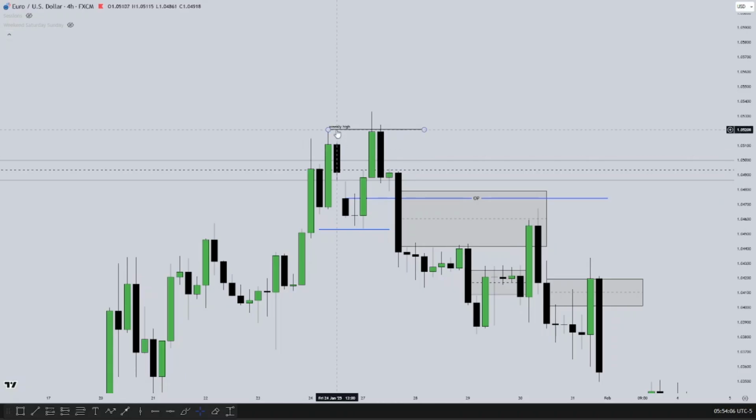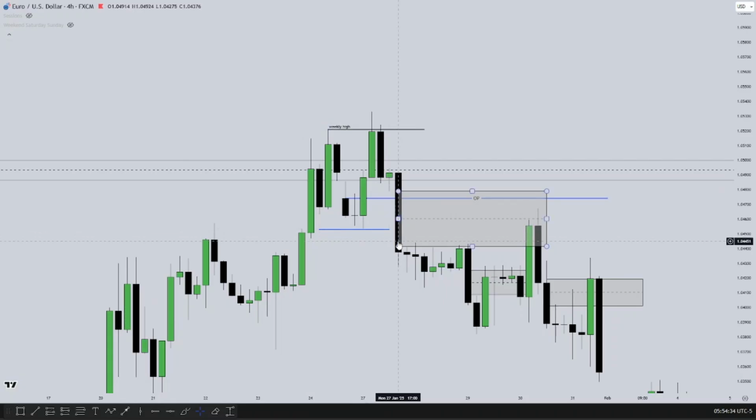If price were to run out this high and lead to a shift in market structure, that's a high probability shift in market structure because they went and offset traders looking for a way to buy, enticing traders to buy, manipulating price, running out significant liquidity, the previous week high. After running the previous week high liquidity, it led to the shift in market structure.